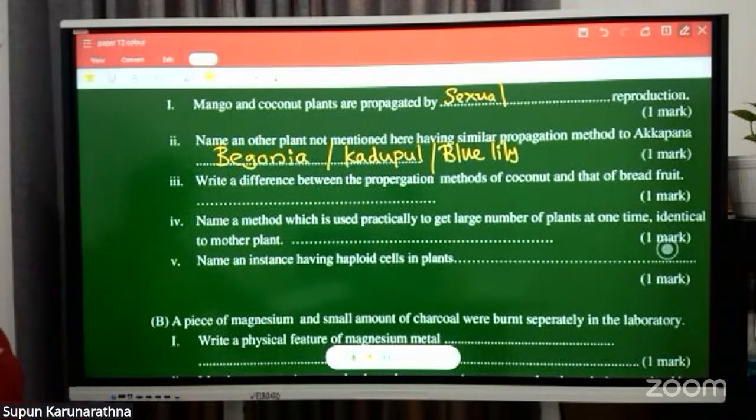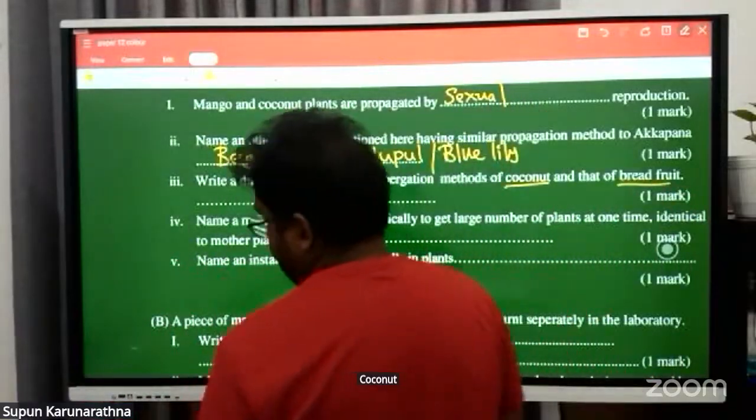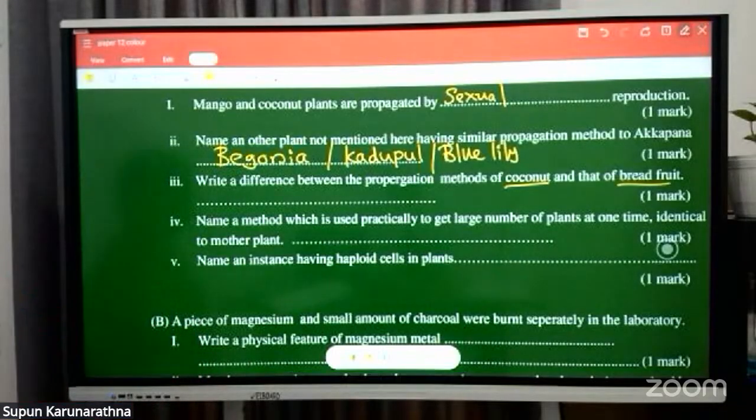Next one. Write the differences between the propagation method of coconut and that of breadfruit. Coconut and breadfruit, it is asking about. What can you say as the answer?